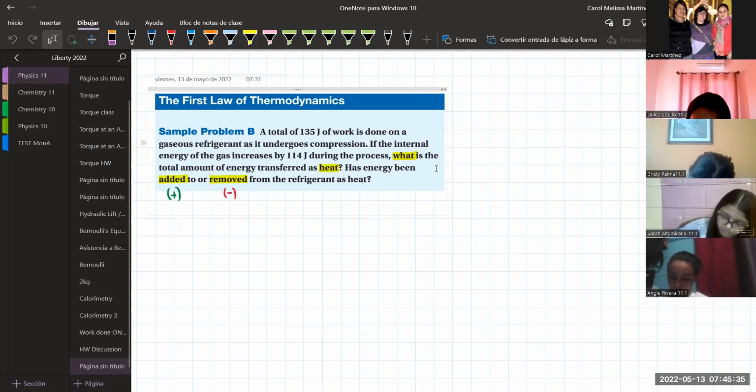Okay, so this problem is giving me a total of 135 joules of work. So my first given is the joules of work.